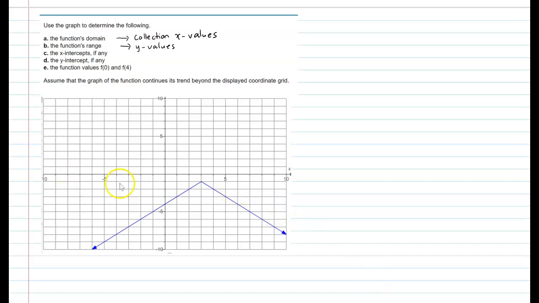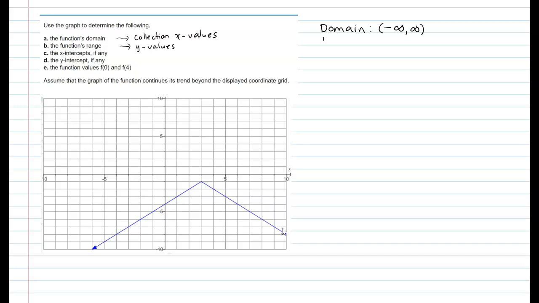So that means that for any x value, there would always be a graph of the function. So the domain of the function is the set of all real numbers. We are asked to write our answer in interval notation. So that means negative infinity to positive infinity.